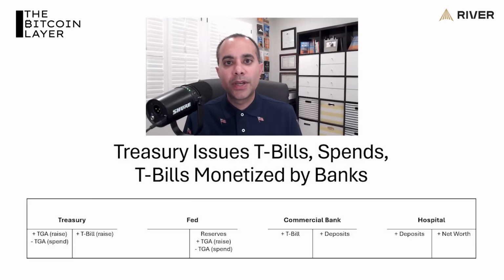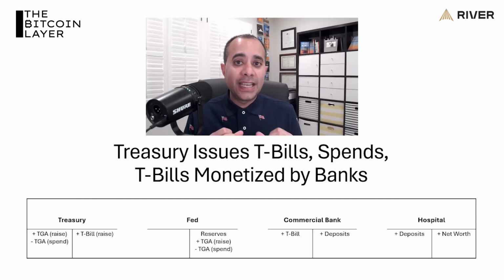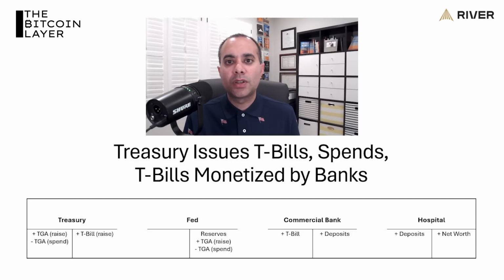Wells Fargo buys the bill and issues a deposit to the hospital. If you remember our examples of creating money when a bank issues a loan, it just does plus deposit and plus loan on its asset side. Well, here we have the commercial bank doing plus T-bill on its asset side, buying the T-bill from the Treasury, plus deposit, but it's not giving the deposit to the government.